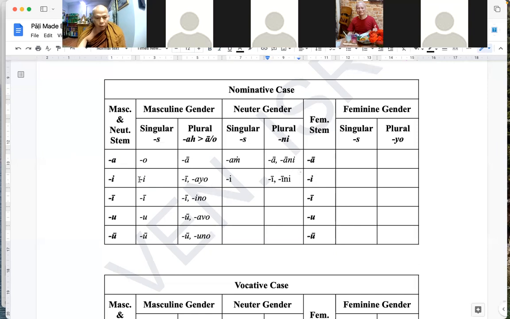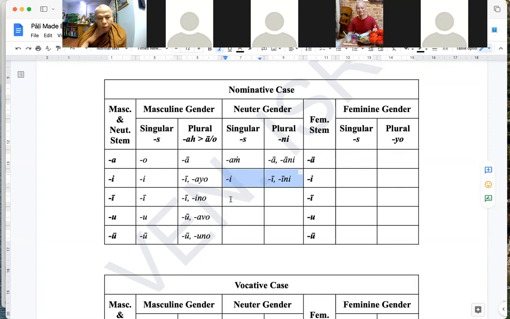Singular is the same in masculine and neuter, also i, but in plural the first form is the same, and the other form is, in masculine, 'ayo', like muni, muni, muniyo, but here 'ati, ati, ati-ni'. So that is why last time I told you that ni is a neuter sign. When a noun ends in ni in declension form, we can understand easily that it is a neuter noun.